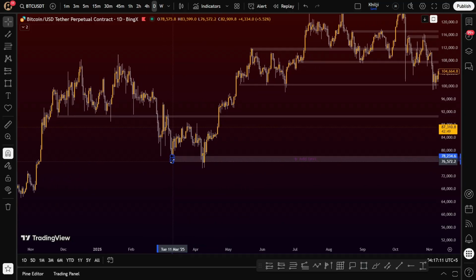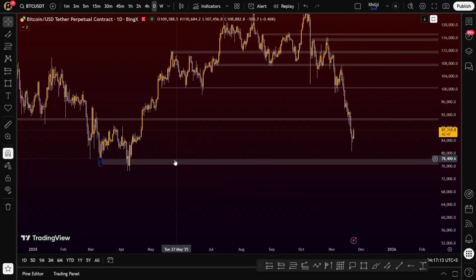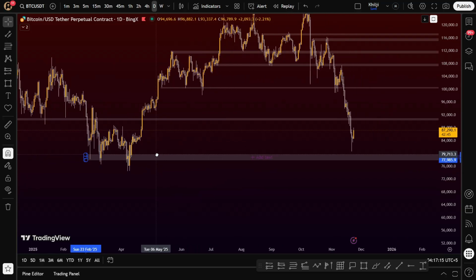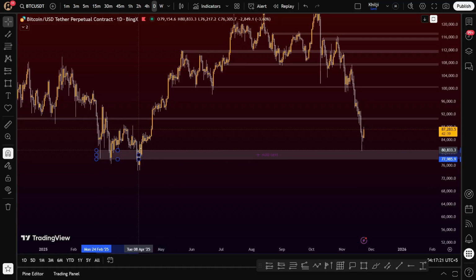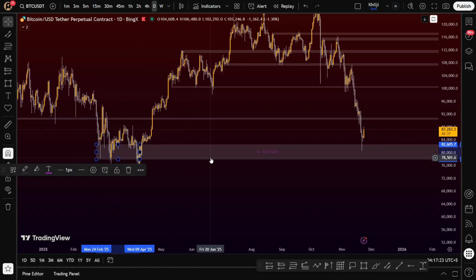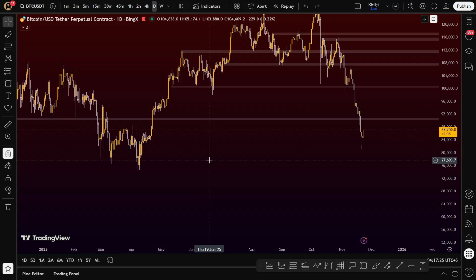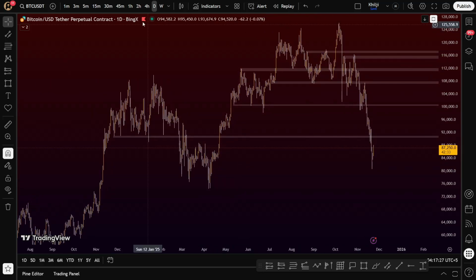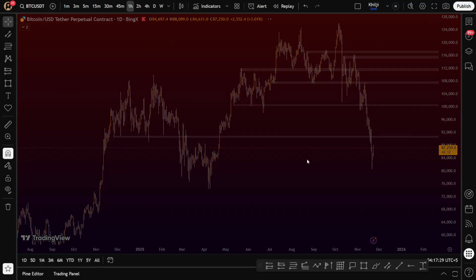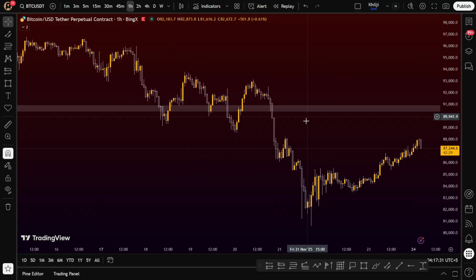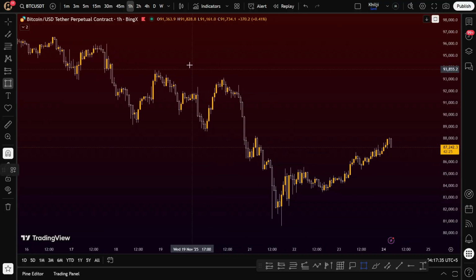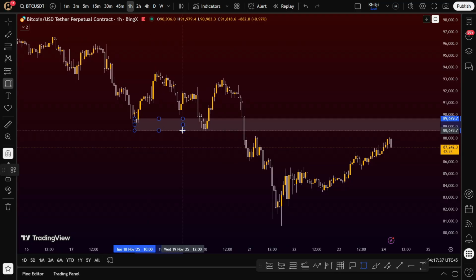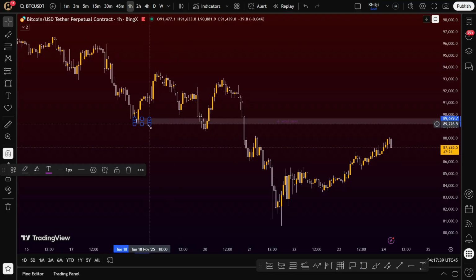You will see that one tap, two tap, three tap, some sort of a resistance, but in this case, it was just a zone, an order block, whatever you want to call it. Again, the same thing is also doable on the lower time frames. So if I get rid of all of that, I will have new support and resistance levels around here.